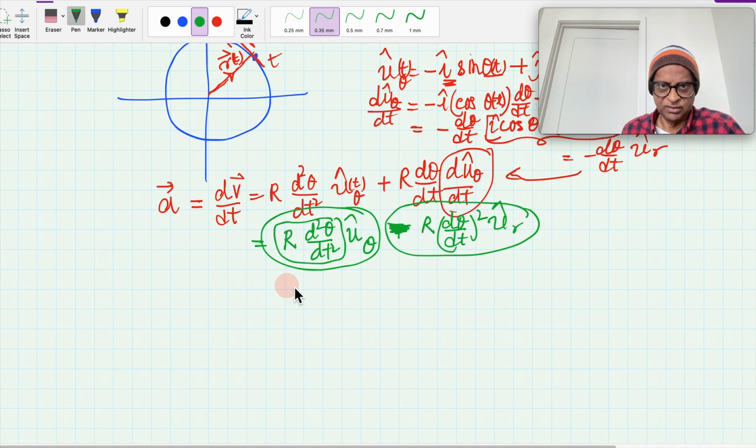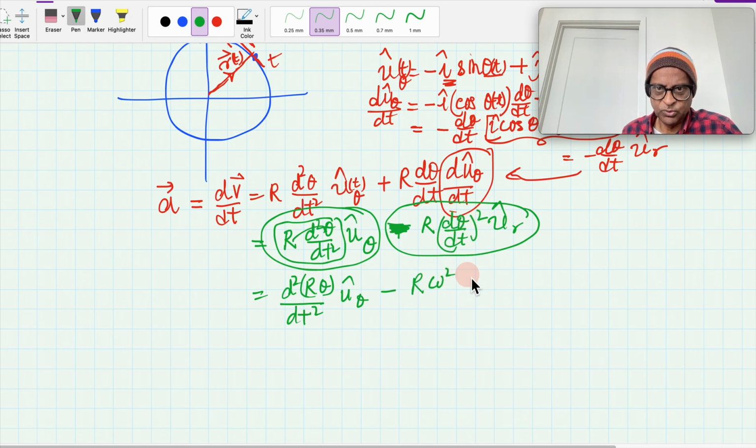Other ways of writing this, let's see, put r inside here. So d square r, I can do that because r is constant, you can place it anywhere, dt square u hat theta, and I can write this as omega square u hat r.